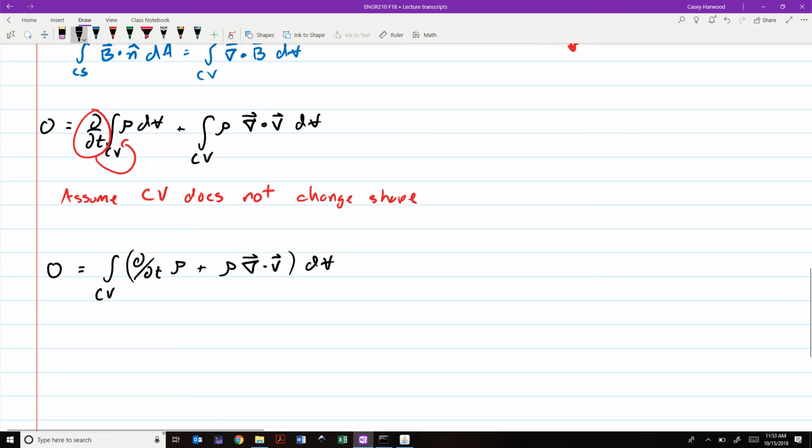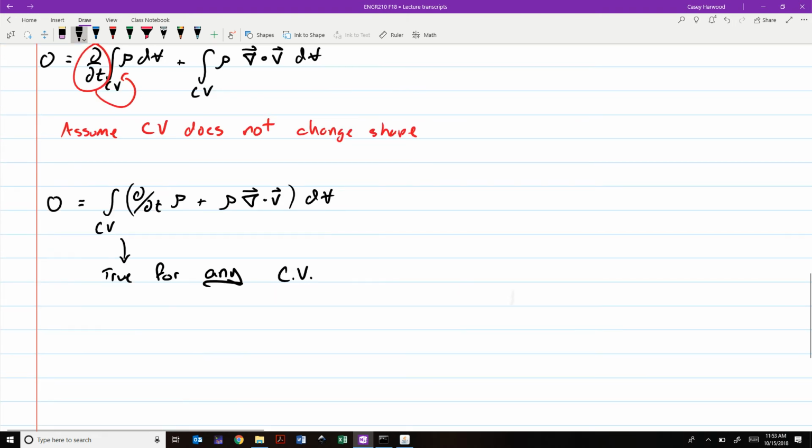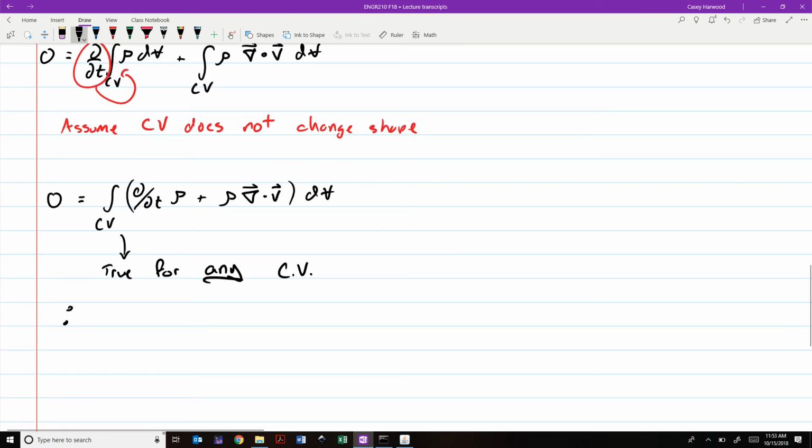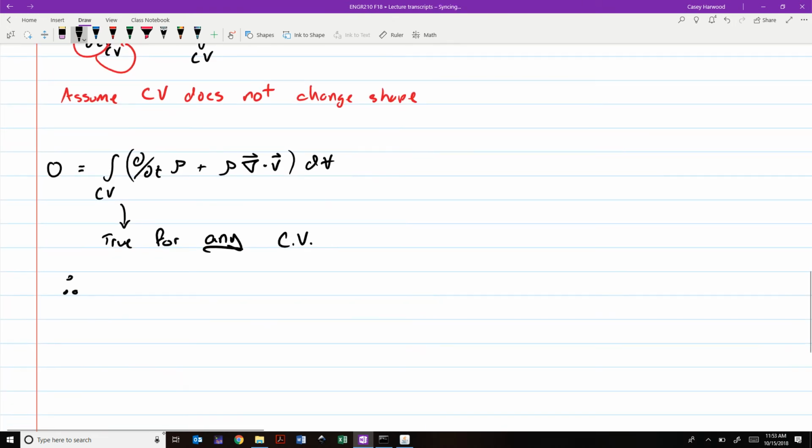And so we would say this is true for any control volume. Therefore, the partial of rho with respect to t plus rho v is equal to 0.